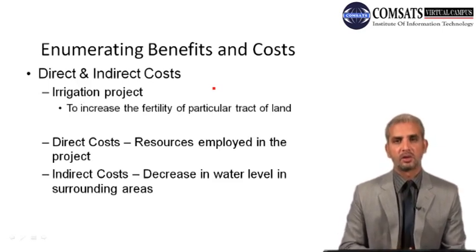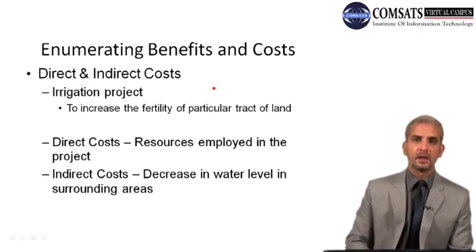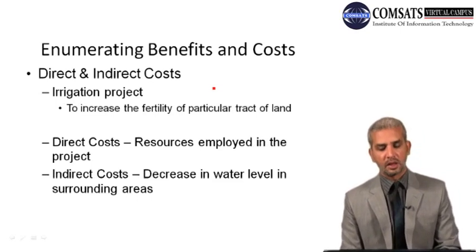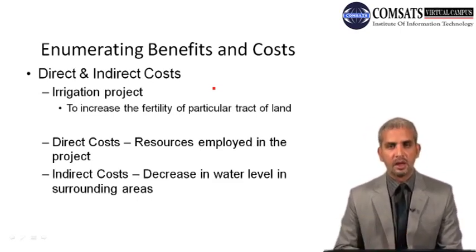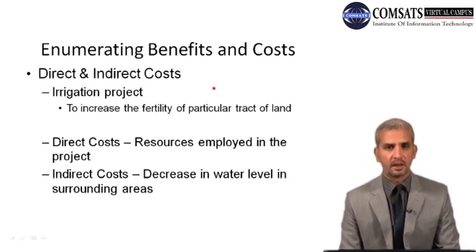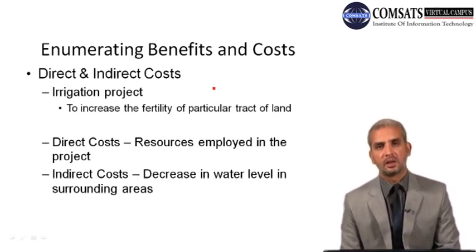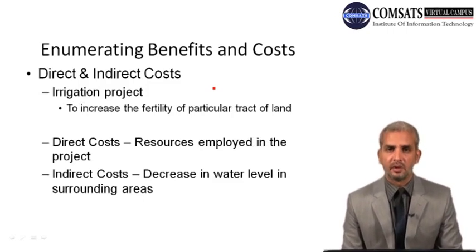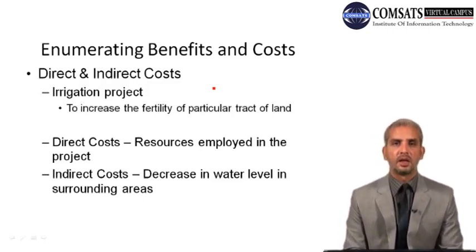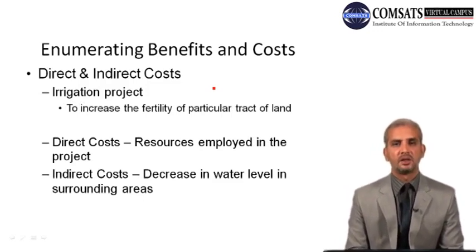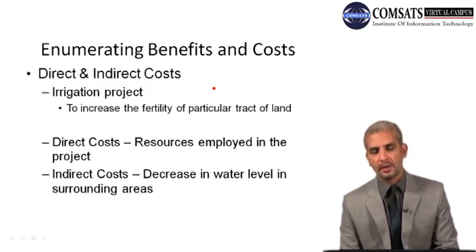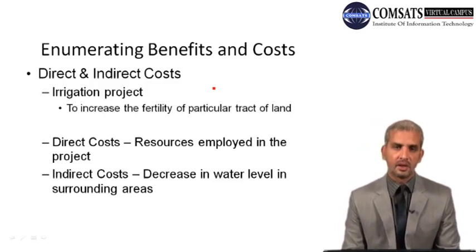So there are direct costs, and then there are indirect costs also, because the water that is being provided to those farmers for that reservoir and for the better irrigation project might be coming from certain other areas, and the output level of that area might decrease. So there would be a decreased water level in surrounding areas or maybe further away. That decreased water level is an indirect cost in that sense.